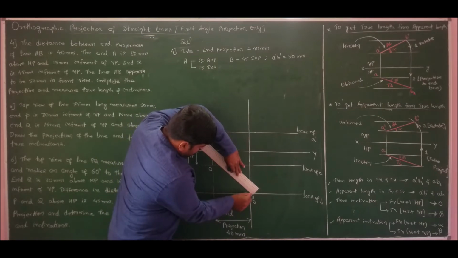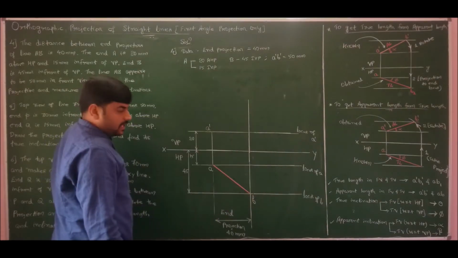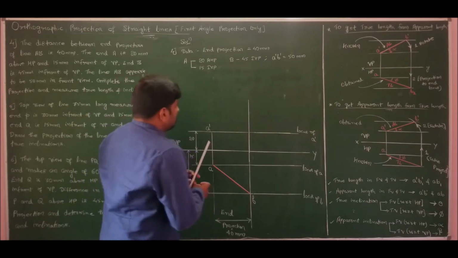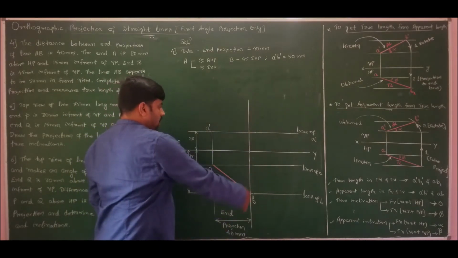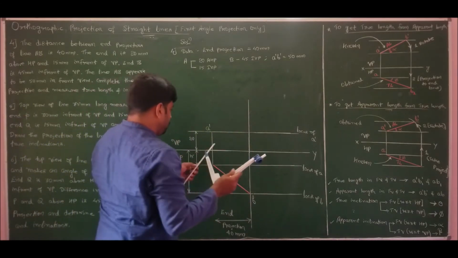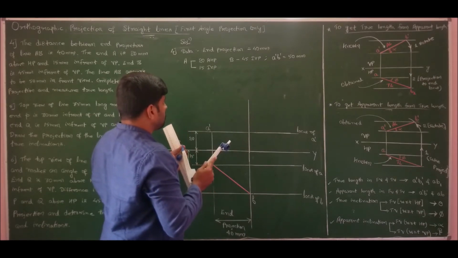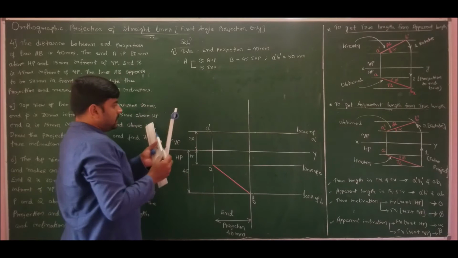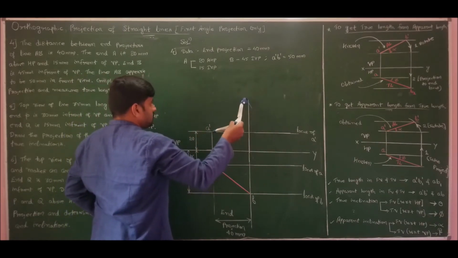Since AB is the apparent dimension which is visible for us, mark it with a very thick line, 0.5 mm thick. Here we know A dash B dash as 50 mm, and also we know that B dash should lie on this vertical line. So take 50 mm as a radius, keeping A dash as center, and intersect the end projector.